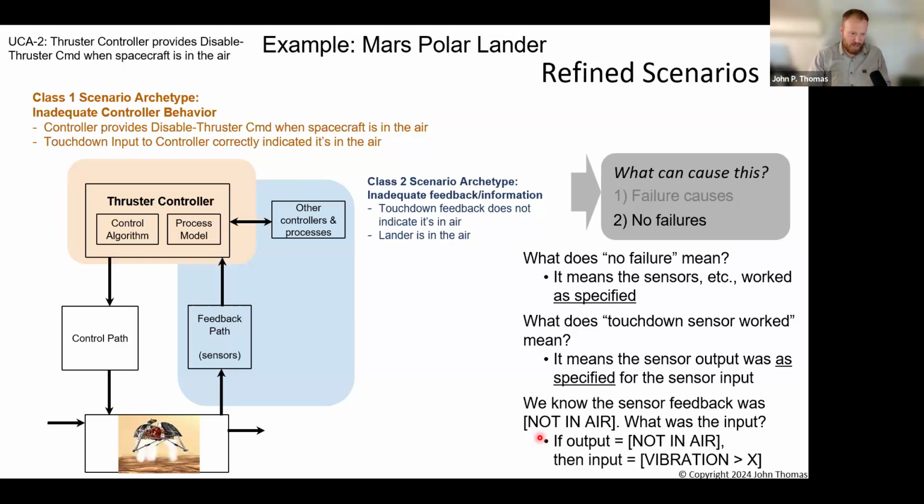So this scenario is telling us, how can you get touchdown feedback in the air? We must have vibration over X. How can we get vibration over X in the air? That's what it's telling us, right? It's just basic algebra, essentially, for case 2, no failures. It spits the answer right out. Somehow you get vibration in the air. That's the case, right? It comes right out of this process.